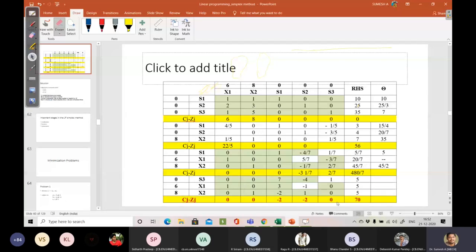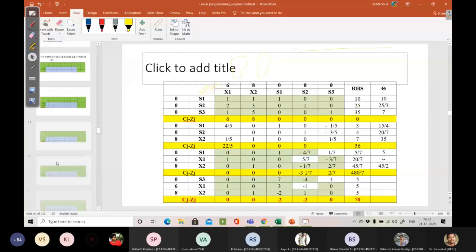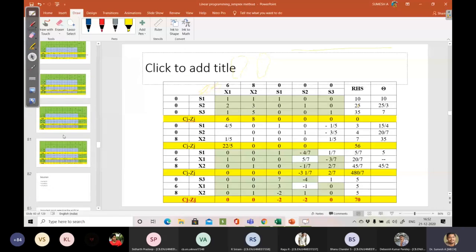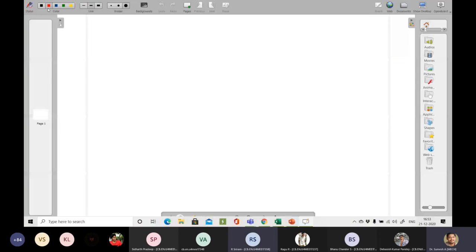So the conclusion is, until we get no positive value for Cj minus Zj, we have to continue the iteration. There are 2 cases. If you are calculating Zj minus Cj, a negative value indicates a better opportunity, so you go for the next iteration.